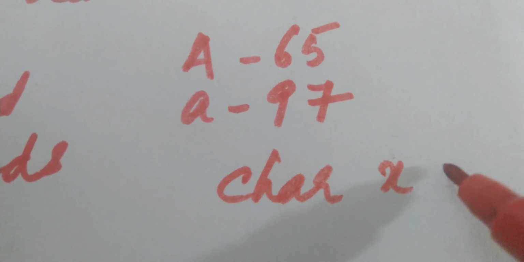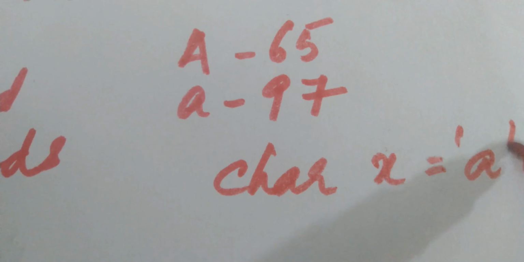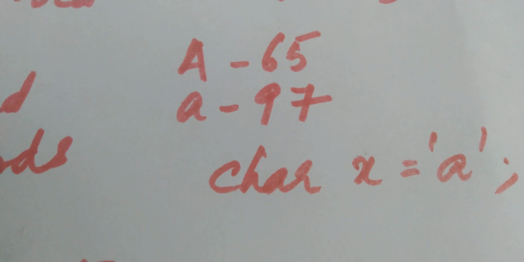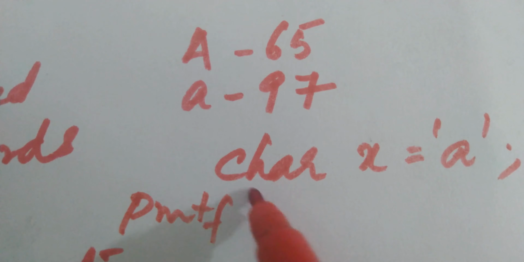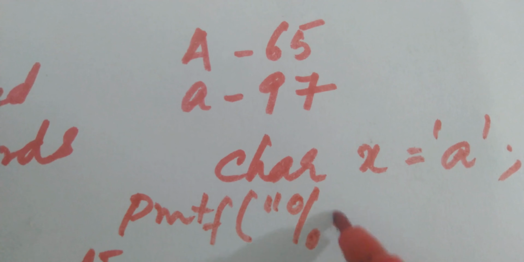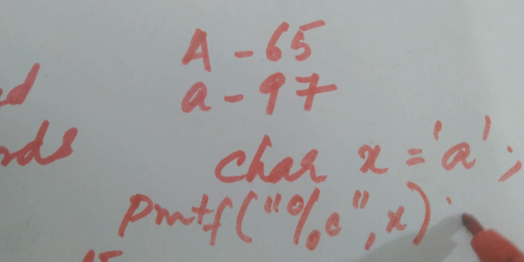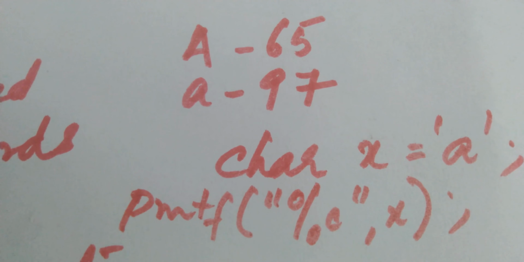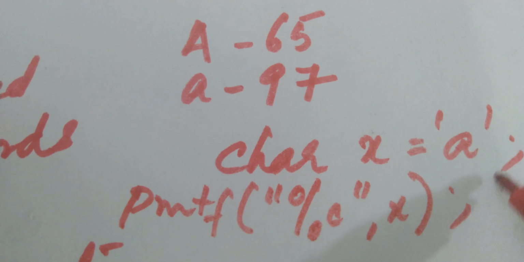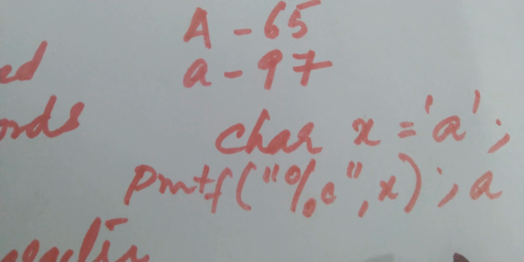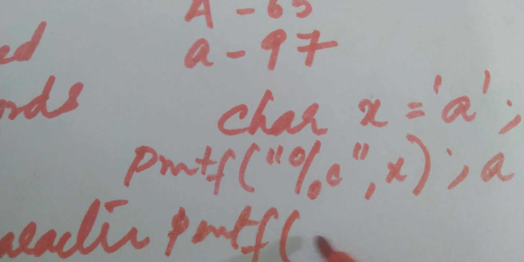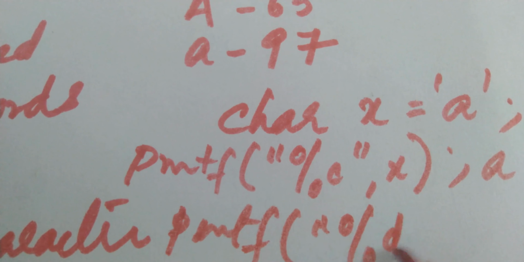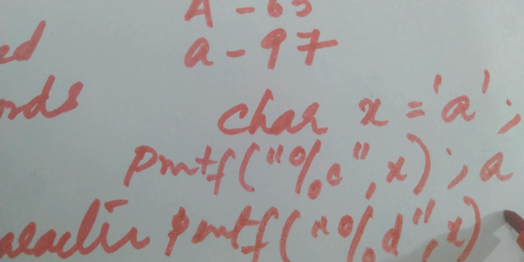For example, suppose I have initialized a character variable as char x = 'a'. And if I print it using a printf statement, printf("%c", x), a will be printed on the screen. We know that a will be printed. But if I print this value as printf("%d", x), what will happen?